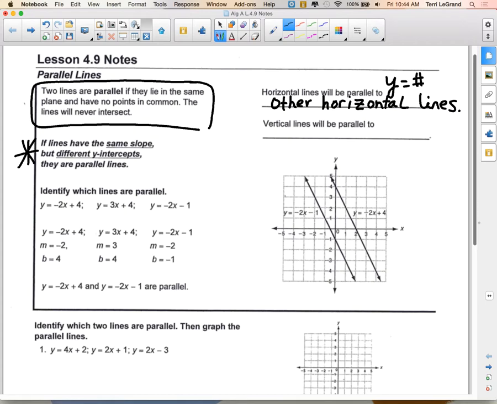Well, what's a vertical line? Give me a visual of a vertical line. Okay, what would be parallel to a vertical line? Another vertical line. So vertical lines will be parallel to other vertical lines.